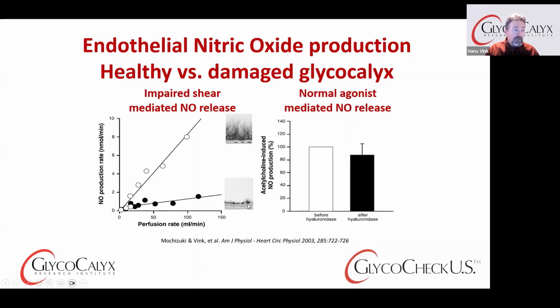If you take off the glycocalyx, or it's compromised at sites at the bifurcation areas or in people at high risk, for instance with diabetes, you can increase your blood flow significantly, but there's hardly any impact on the level of nitric oxide produced by these endothelial cells, because they need glycocalyx to sense these increases in blood flow and to start producing more nitric oxide.